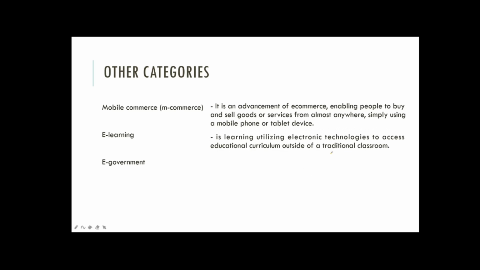And e-learning is learning utilizing electronic technologies to access educational curriculum outside of the traditional classroom. So just like, if you're familiar with MOOCs like Coursera, edX, they are not actually for free. You have to subscribe to a plan in order to access some of their courses.